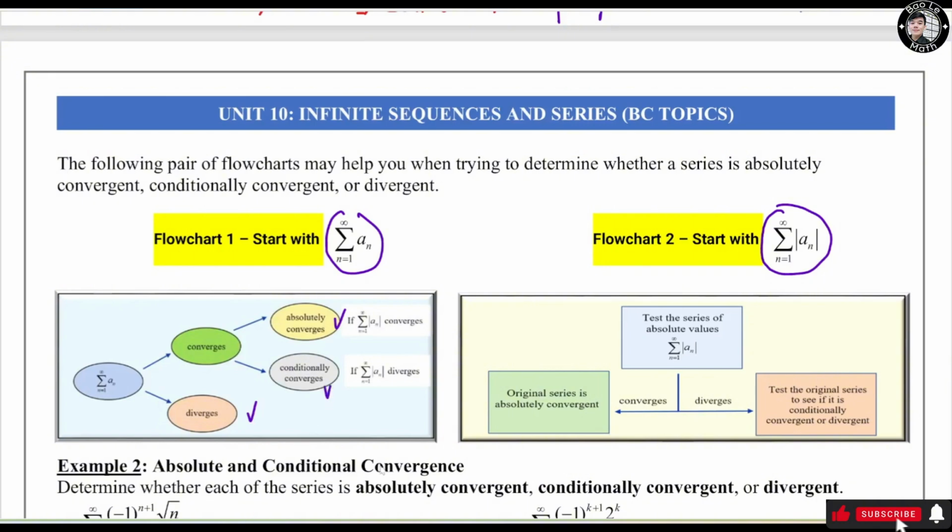Number 2, you can start with the absolute value of the series. If it diverges, then you check to see if the original one is conditionally convergent or divergent. If it converges, then you stop, because if this converges, then the original one must be convergent.